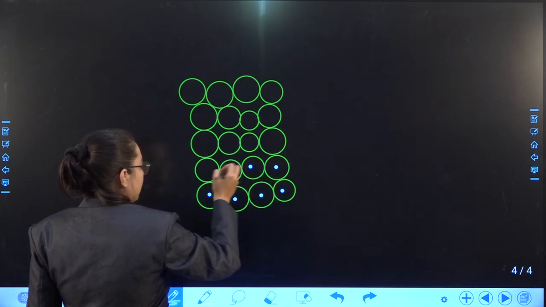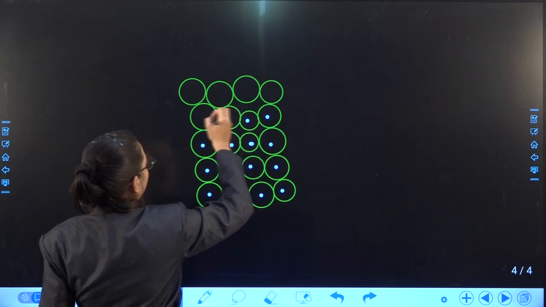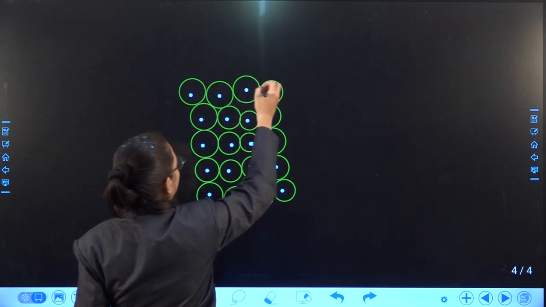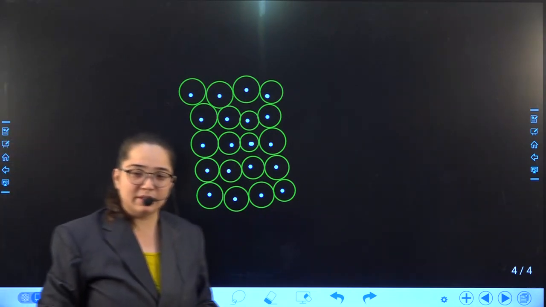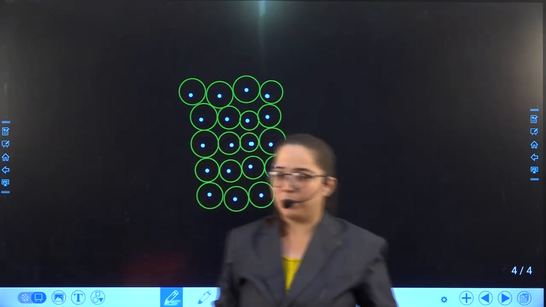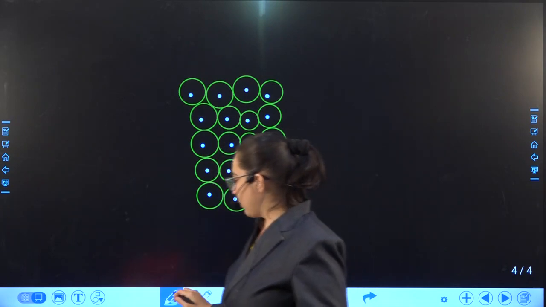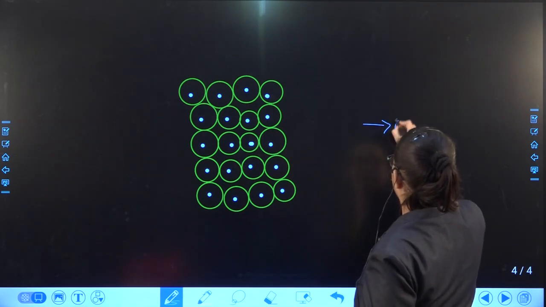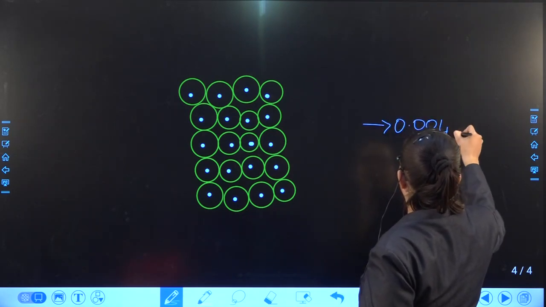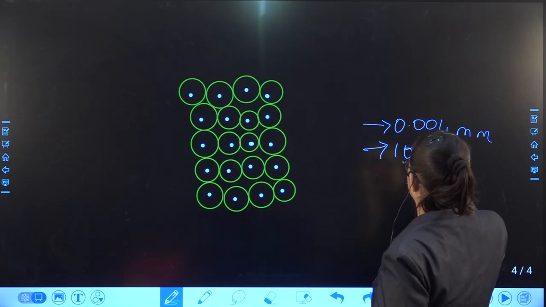There is the nucleus residing inside the atom and the electrons were rotating. Now, what happened in this alpha ray scattering experiment? He took a very thin gold foil of about 0.004 mm thickness, that is, it was containing about 1000 atoms of gold.